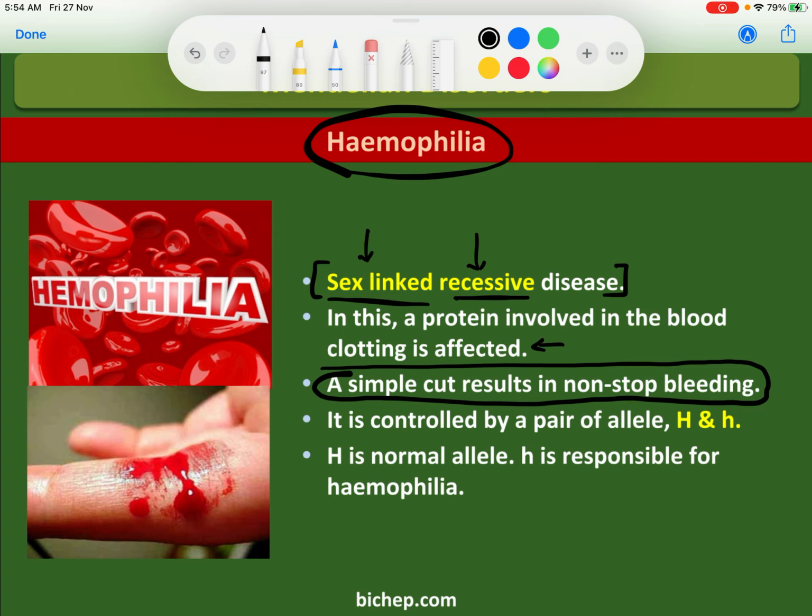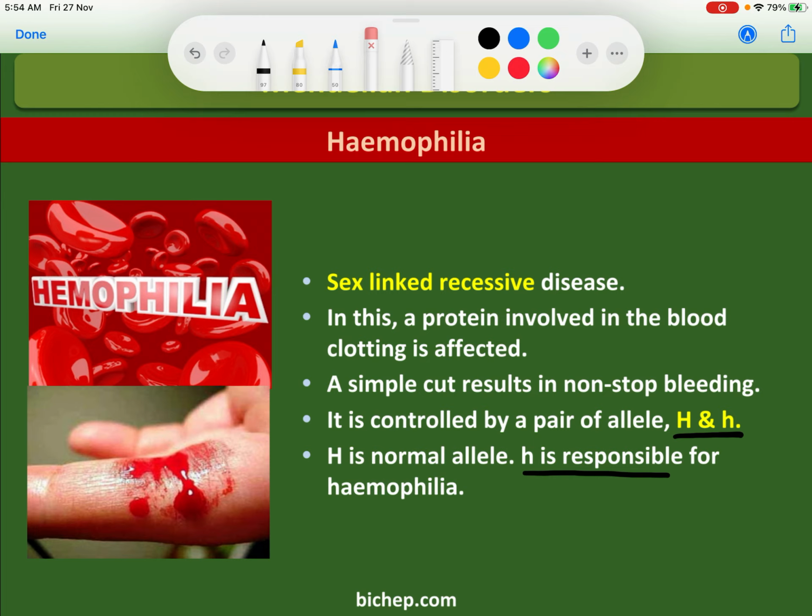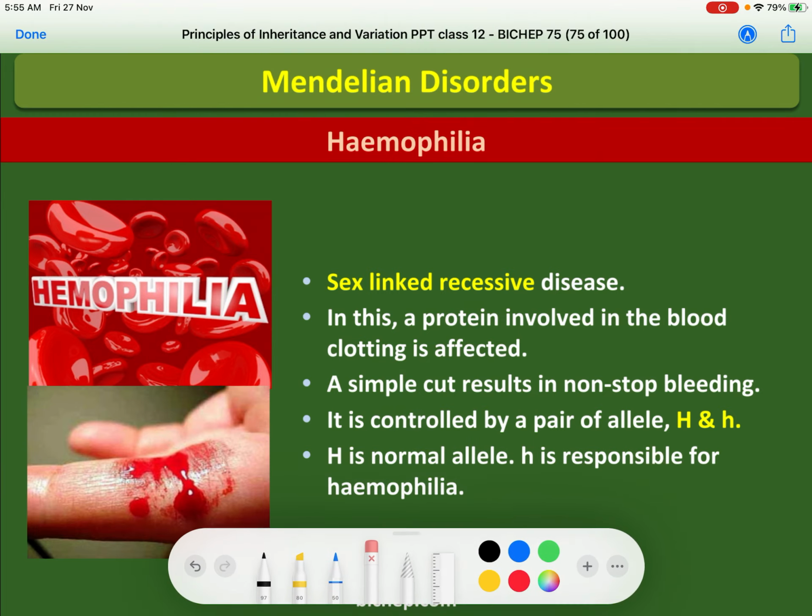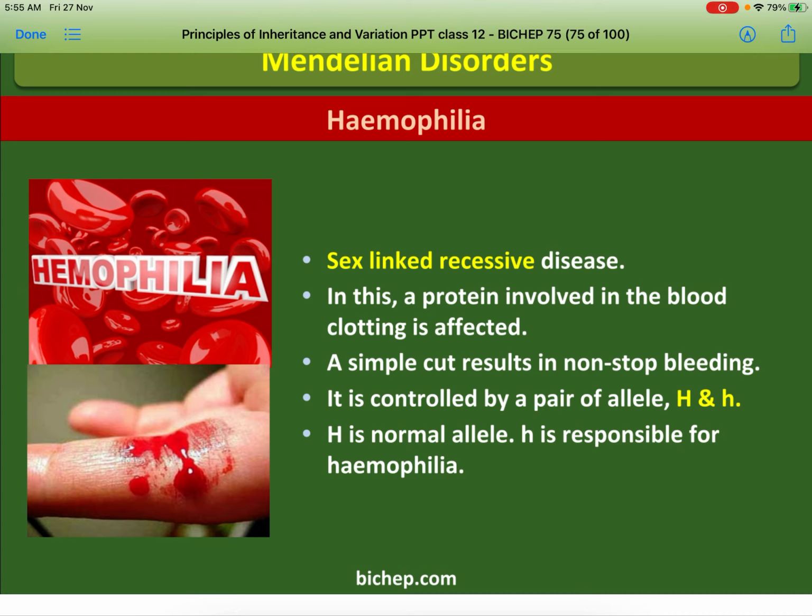A simple cut can result in non-stop bleeding, and it is controlled by a pair of alleles, capital H and small h, where capital H is normal and small h is responsible for the hemophilic condition. So the condition is caused by a recessive gene, that is small h.